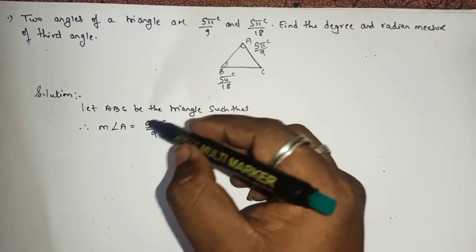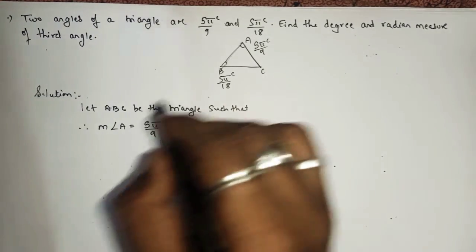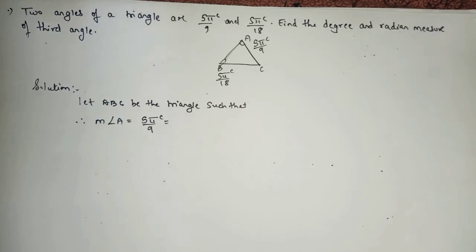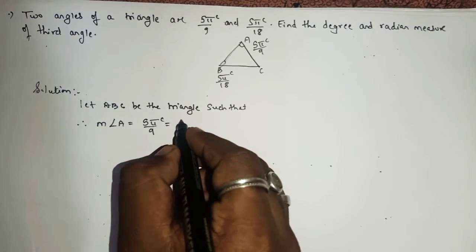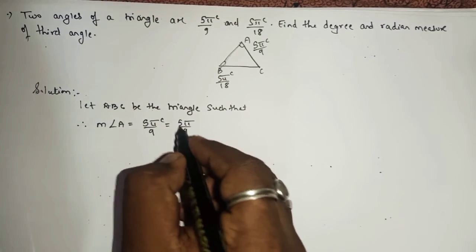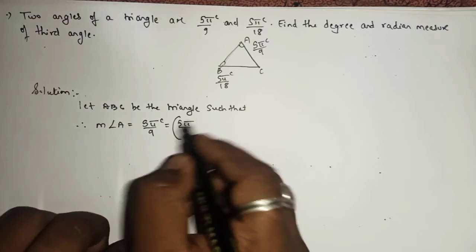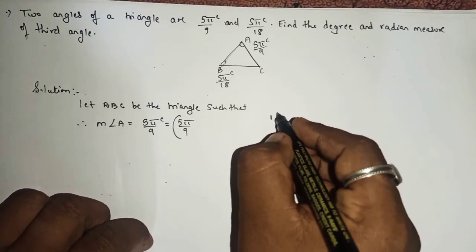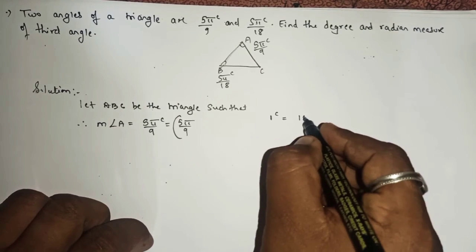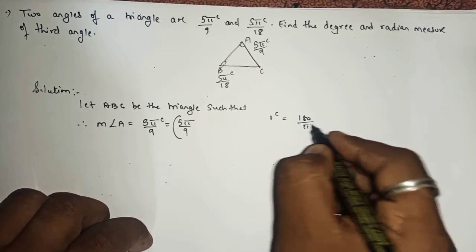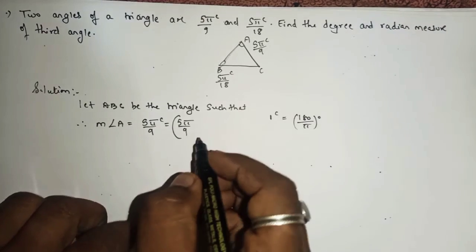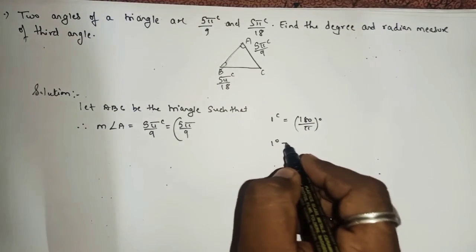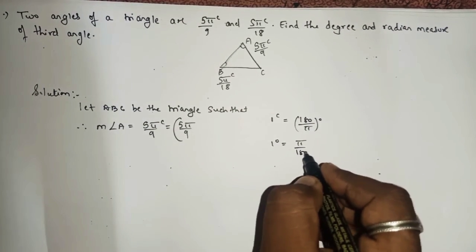As the angle is in radian, we convert this radian into degrees. We know how to convert radian into degree: 1 radian is equal to 180 upon pi, and 1 degree is equal to pi by 180 radian.